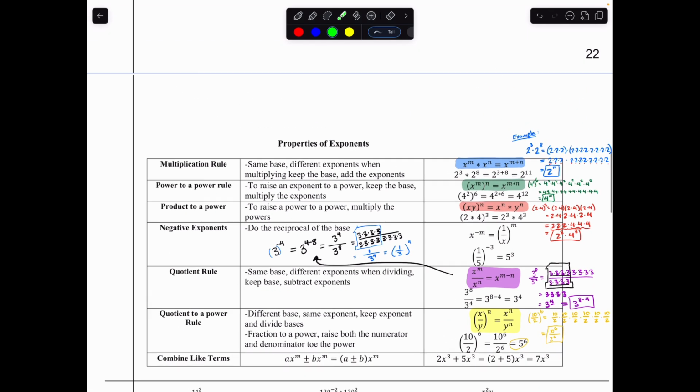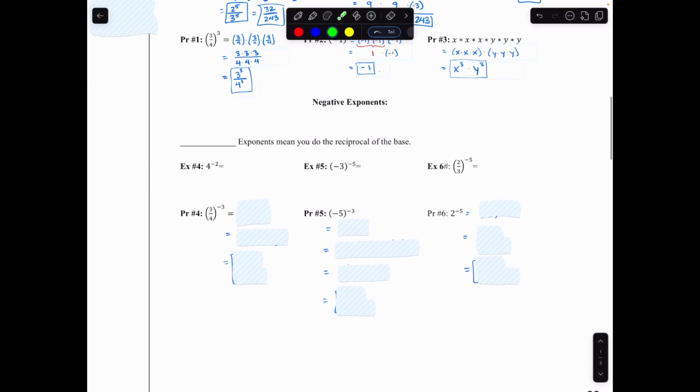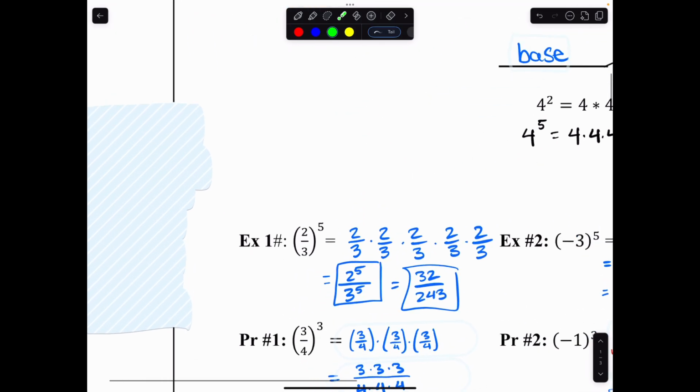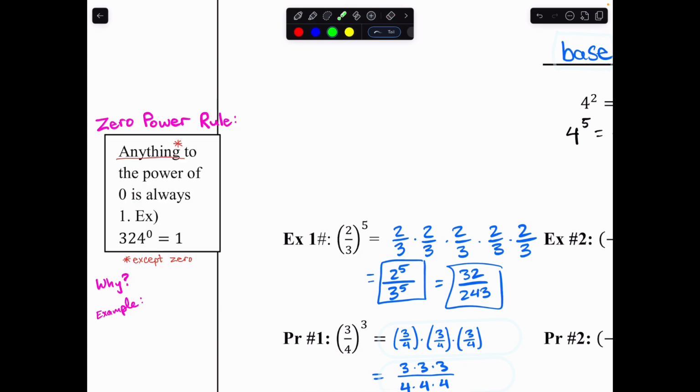Okay, so I threw a lot of properties at you. Bear with me, I have one more for you, and it's actually back on page 22. On the left margin of your notes, you should have a box that says anything to the power of 0 is always 1.